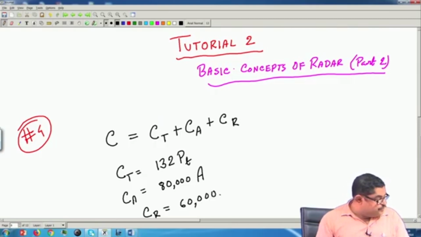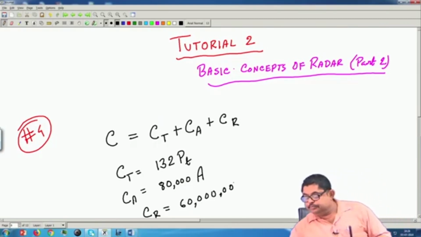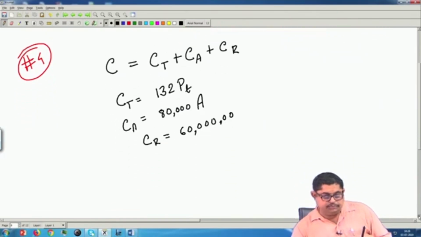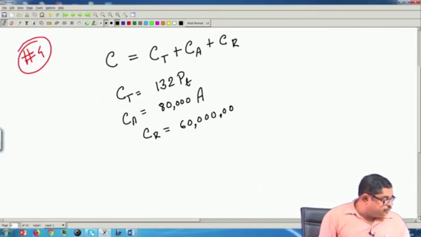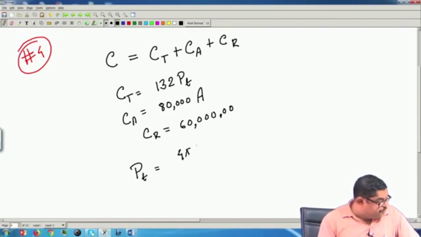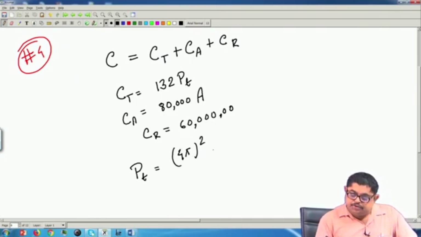So, now let us come to the radar range equation. We know PT is 4, let us relate PT to R max is given.